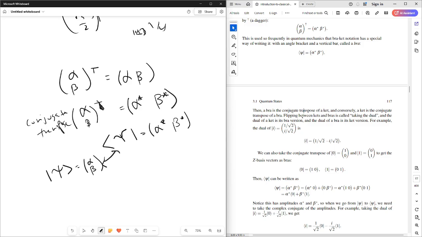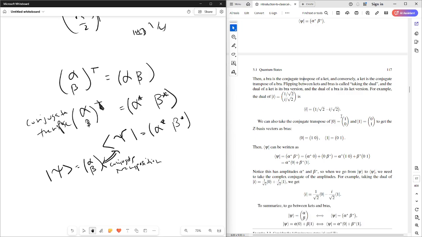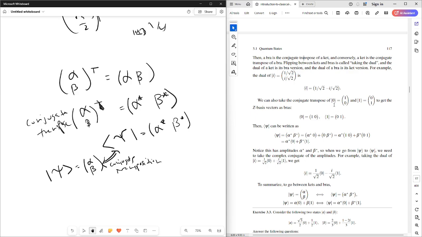So we can go back and forth between these by taking the conjugate transposes. So you can go back and forth by taking the conjugate transpose of whatever form you're in. If you're in the bra, conjugate transpose to the ket, and the other way around as well. Flipping between kets and bras is called taking the dual. The dual of a ket is its bra version.